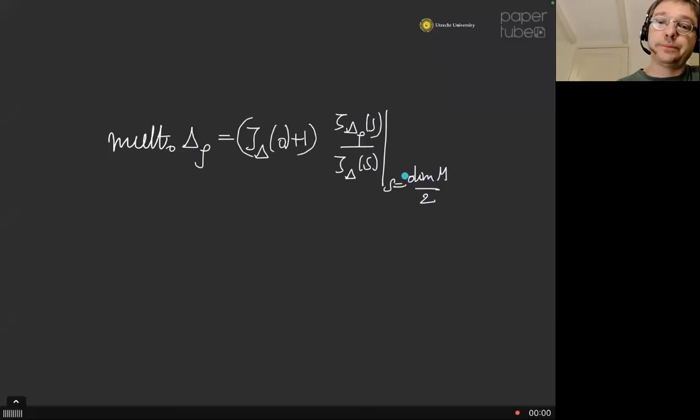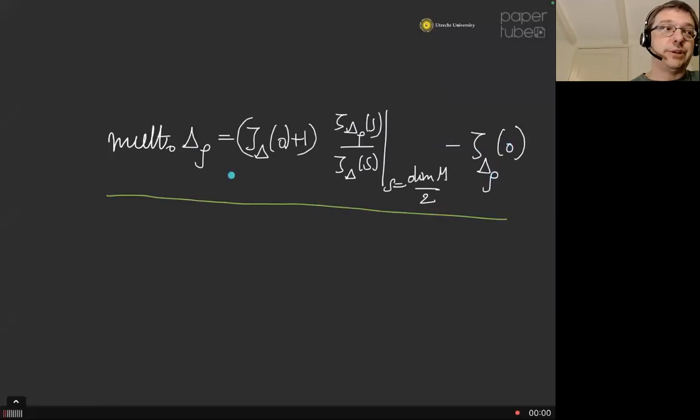It's even dimension. Actually, that's not even necessary here. And I subtract the value at 0, at analytic extension of the twisted zeta. So here's a formula that tells you this multiplicity of 0 is determined by, and what is the data? The data is the usual non-zero spectrum, and the non-zero spectrum of the twisted operator.